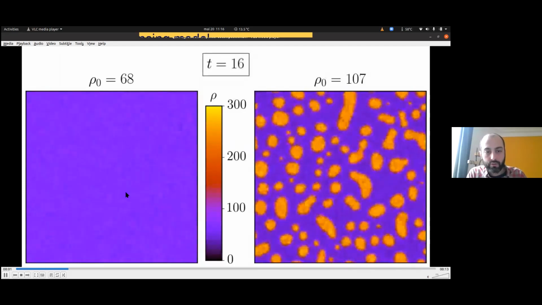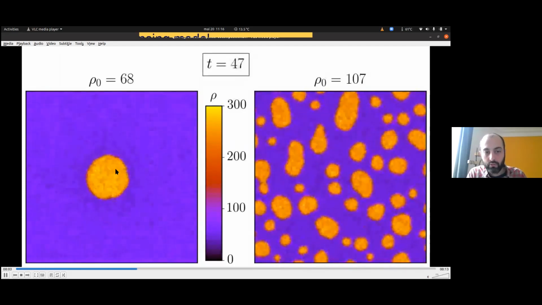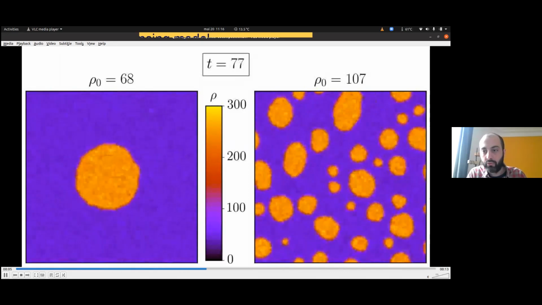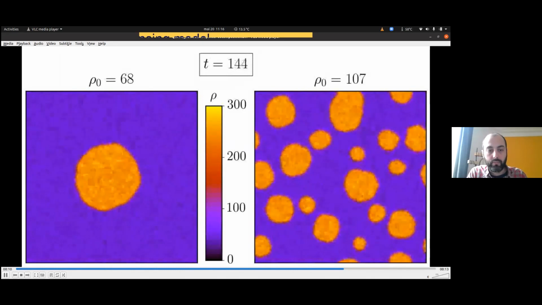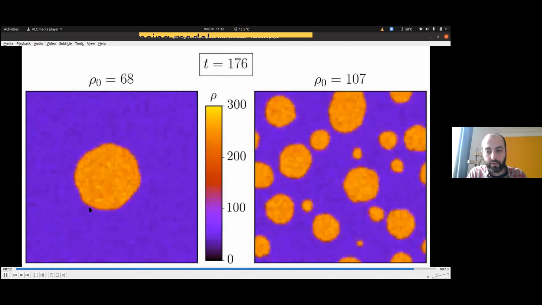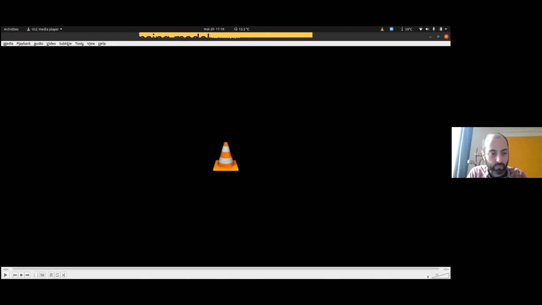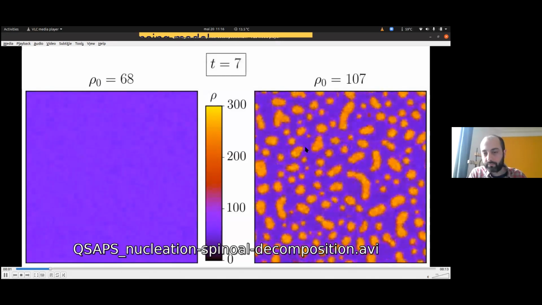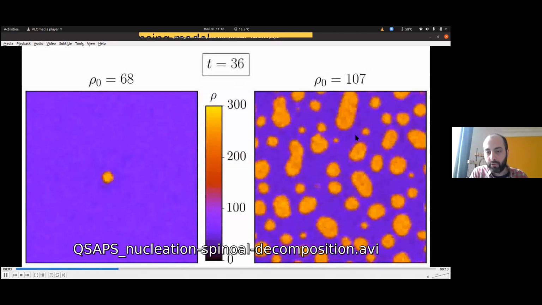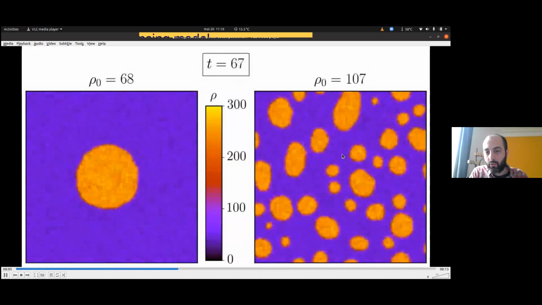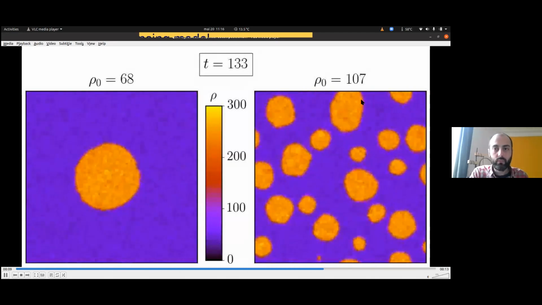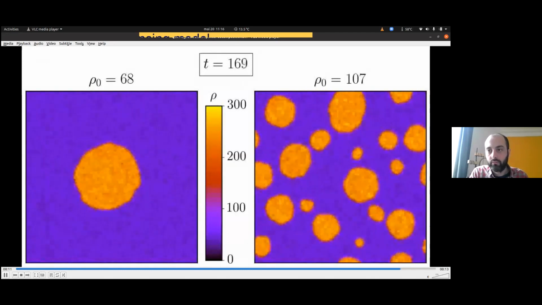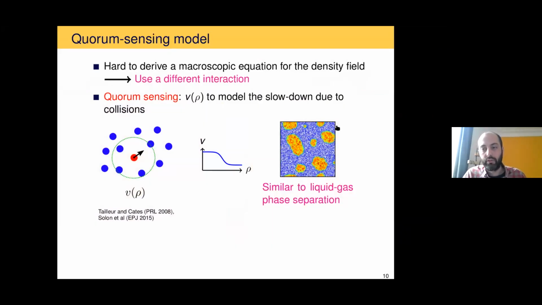If you look on the left, you see that the homogeneous state is metastable, and at some point, you have nucleation that brings you to the phase separated state. On the right, you see what's called spinodal decomposition. So you form many clusters and they coarsen like in the previous movie. These are also the two kinds of behavior that you have in a passive phase separation.